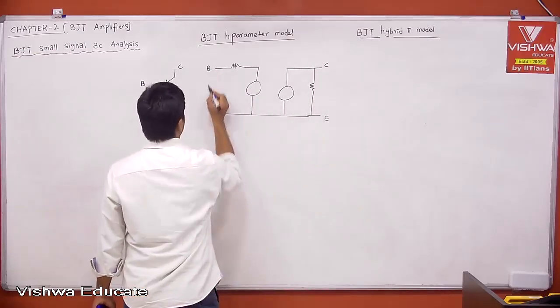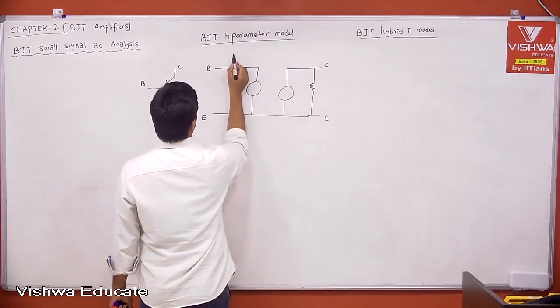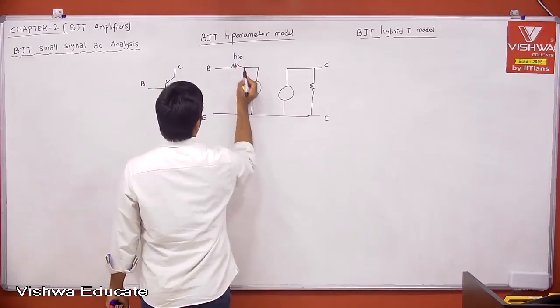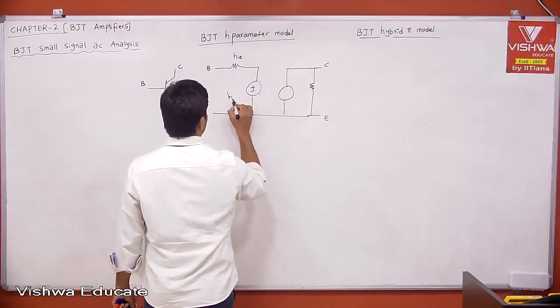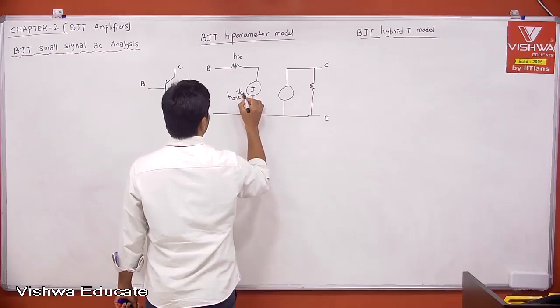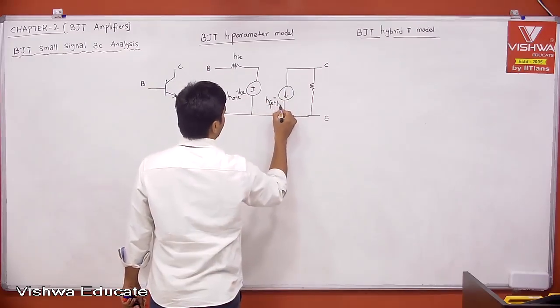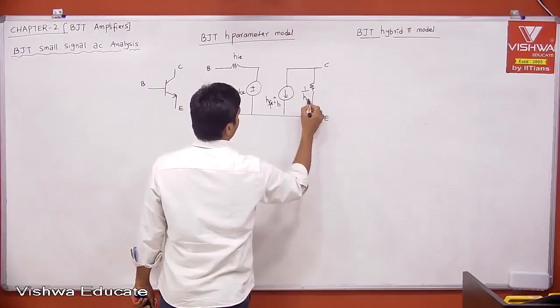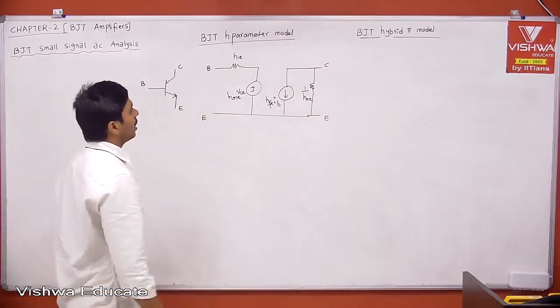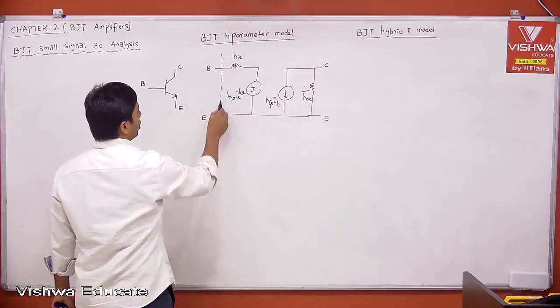This is base and emitter. This is HIE, this is HRE into VCE, this is HFE into IB, and this is 1 by HOE. This is our equivalent circuit.